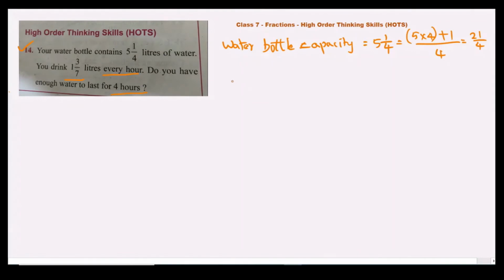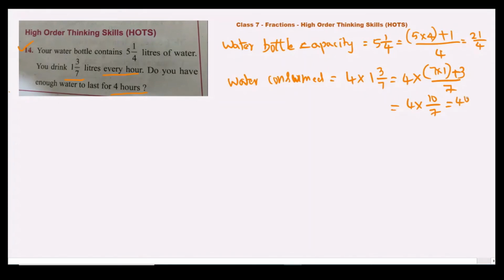4 hours. So the total water that he is consuming, the water that he is taking, is equal to 4 times 1 3 by 7, that is 4 into (7 into 1 plus 3) by 7, that is 4 into 10 by 7, which is equal to 40 by 7.